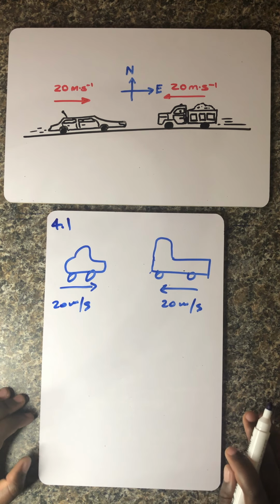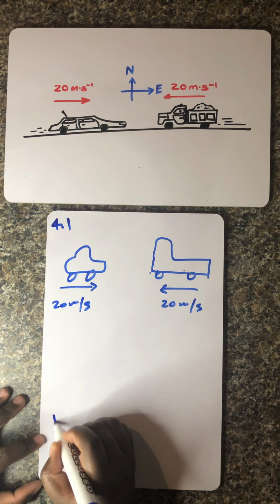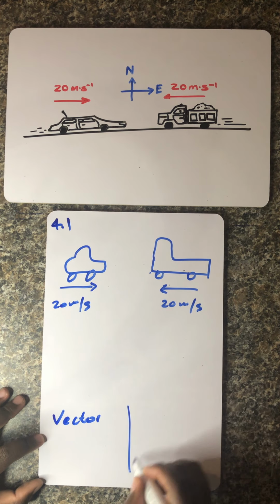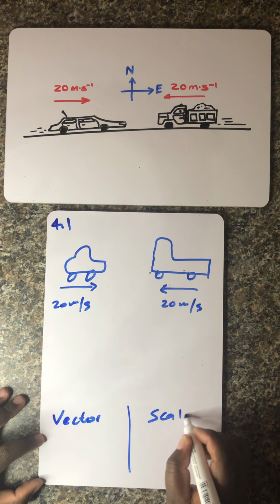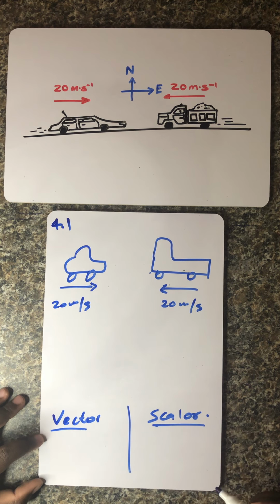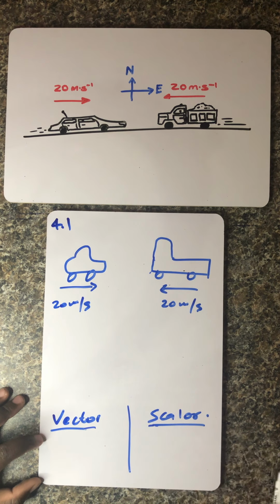Okay, so remember guys, you've got what we call a vector quantity and a scalar quantity. Very, very important, ladies and gentlemen, that at all times you remember that in physical sciences you've got a scalar quantity and a vector quantity.